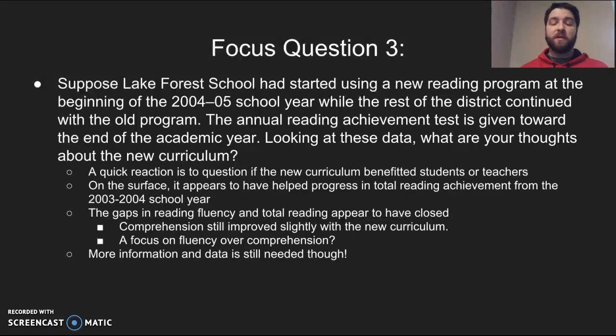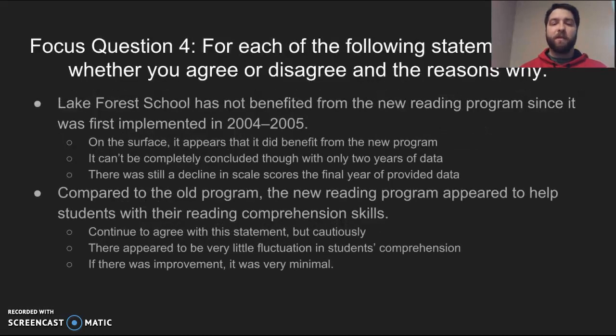But more information and data is still needed, because I need to know what the formative classroom assessments were like, and what the instructional methods in the classrooms were like, to know if this program was effective for students. What were the interim and benchmark assessments like that helped teachers plan for their future lessons? There's a whole lot of information we can't pull from this chart at this time. We just have to go based on what we're seeing, and generally I am seeing right now that the new curriculum probably is making some impact for these students.